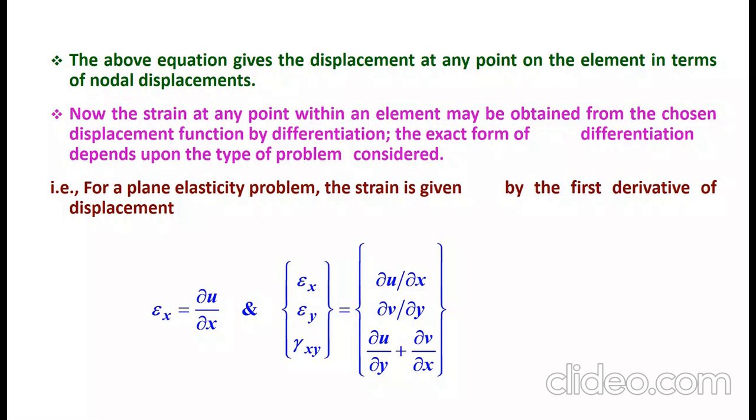So here we are considering two planes, the x and y plane. Normal strain about x direction, normal strain about y direction, and shear strain for x and y direction. The normal strain about x direction is dou u by dou x. Normal strain for y direction is dou v by dou y. Shear strain for xy is dou u by dou y plus dou v by dou x.